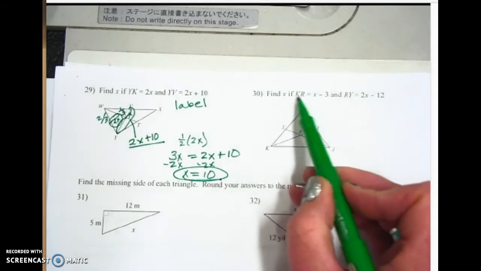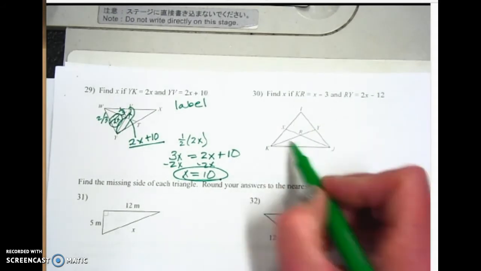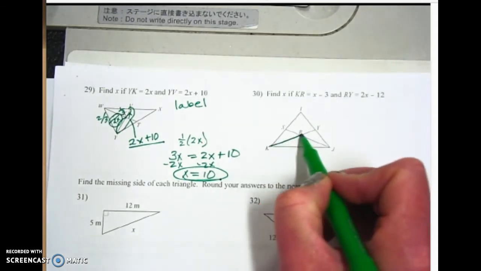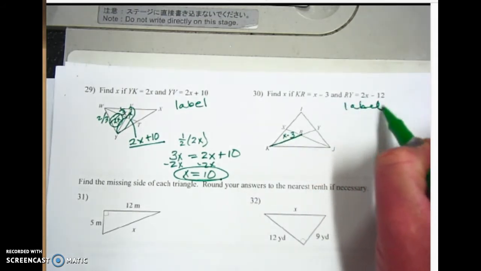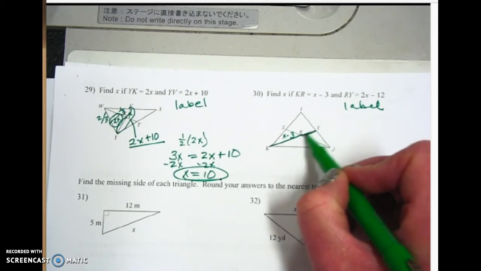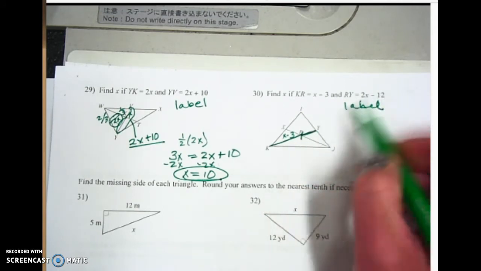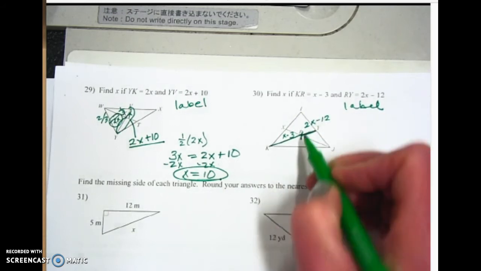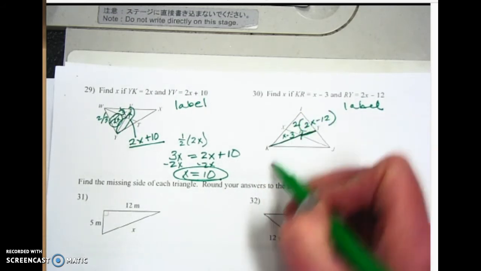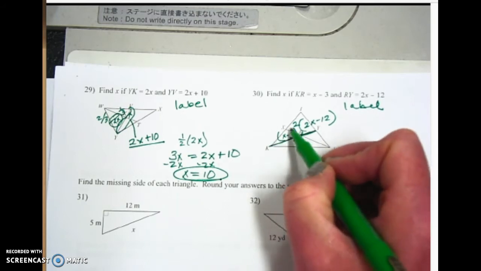All right, KR is x minus 3. So here's KR, x minus 3, label it. And RY, this smaller piece, the 1/3 piece, is 2x minus 12. So 2 of these is equal to 1 of these.